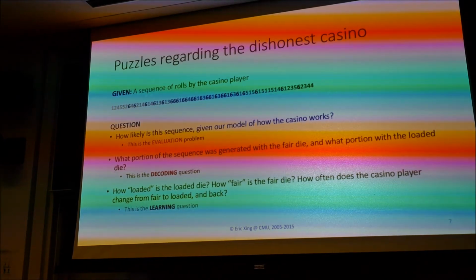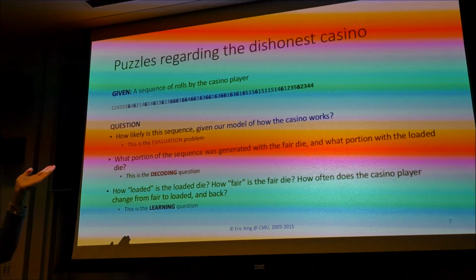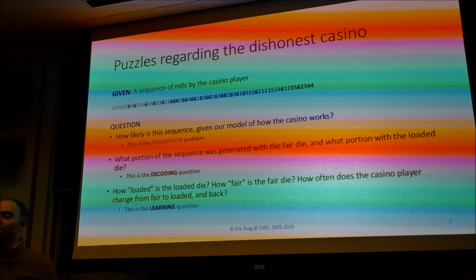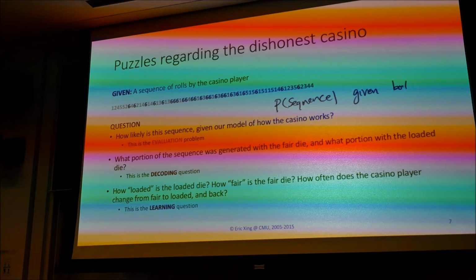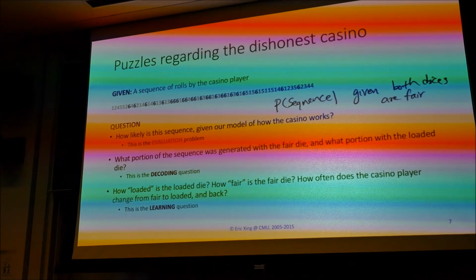How far on the tail is this distribution of having two fair dice? That is basically what is called evaluation. Given this sequence, you want to compute the probability of this sequence given both dice are fair. You don't know the model, and you are playing one after another.